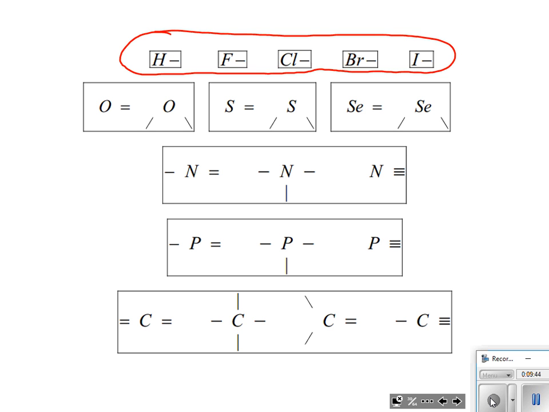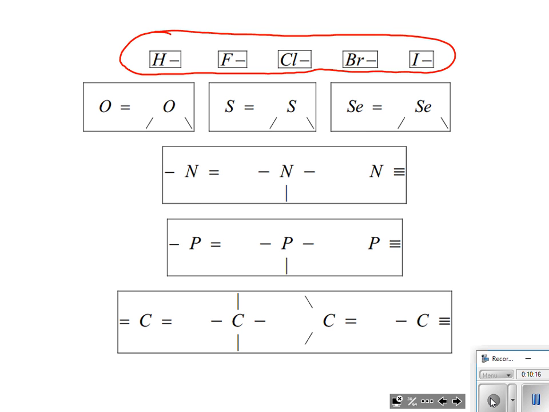They only need 1 electron to fill their outermost energy level. So those are going to single bond. Now, could it be an ionic bond? Could it be a covalent bond? Could be either. But it's only going to be dealing with a single bond.